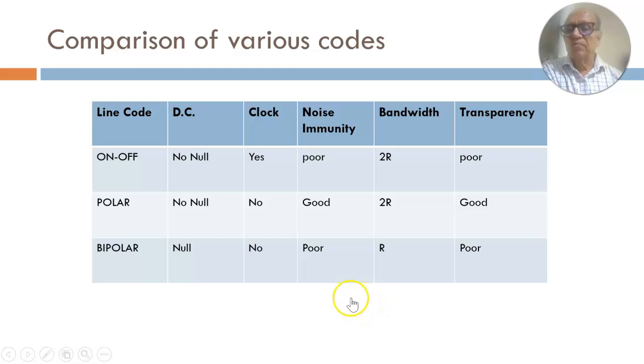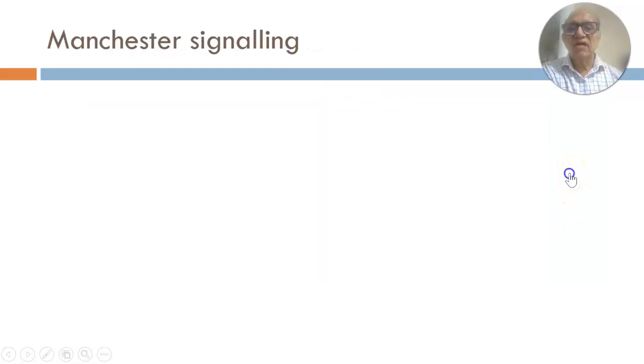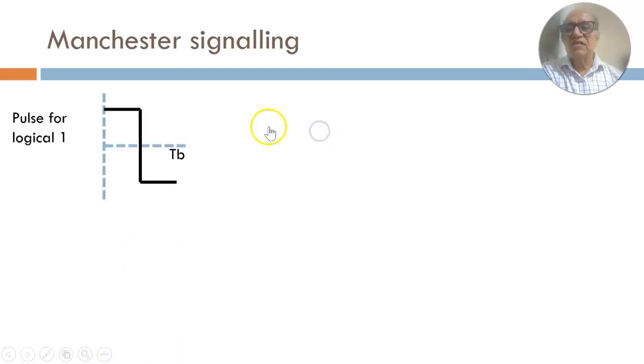All right. So now, having compared this, what we are going to do is to study one more type of signaling, that is called Manchester signaling. Now in Manchester signaling, what is done? If you want to code 1, it is not just coded by a logical level, high or low. You have a pulse to code logical 1.